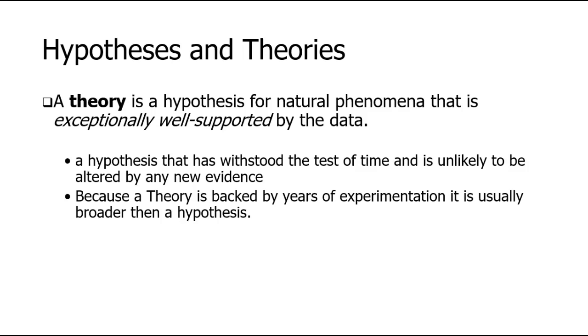So we know a lot more about how evolution works, what the mechanisms are that drive it, how fast it works, all of that. So now it's become a theory because it is a much broader explanation than just populations of species change over time in response to their environment. We know a lot more about it now.